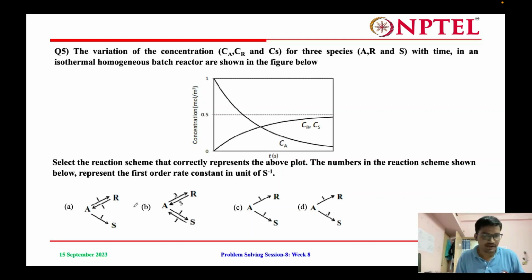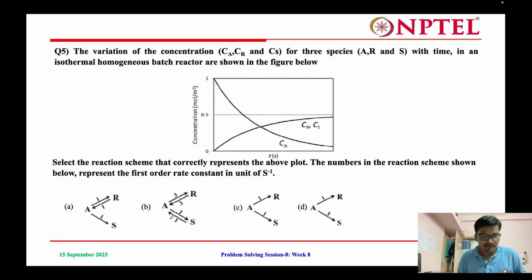Both are at the same rate; here 1 indicates the rate, and 3 also indicates the rate. Then the curve for S would be above the curve for R, because more S is formed.